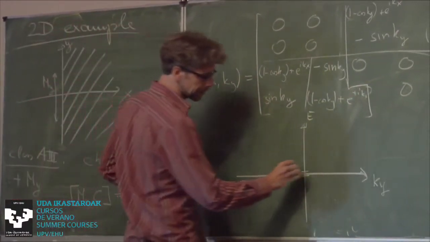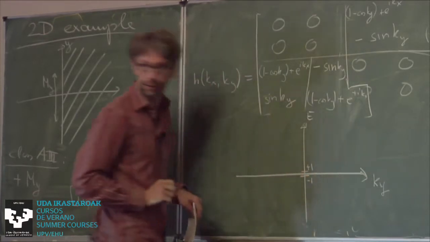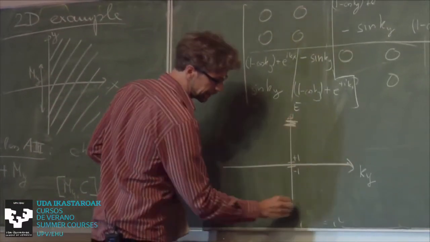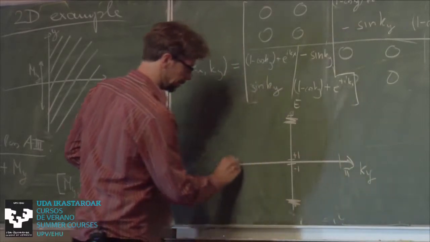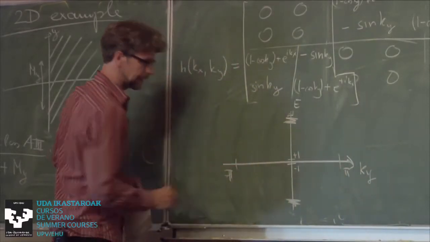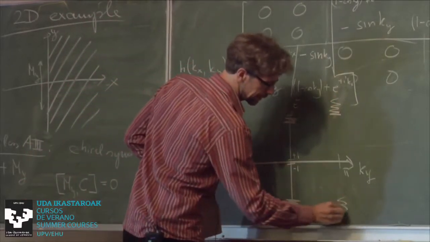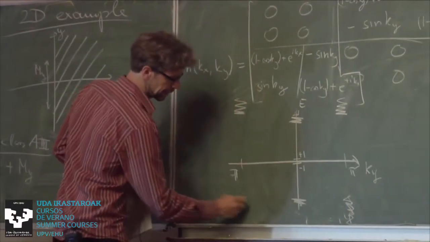But they'll have opposite mirror eigenvalue, right? One has mirror eigenvalue plus 1, the other has mirror eigenvalue minus 1. And otherwise, it's just an SSH model, so there will be bulk bands here and there. And then at ky equal to pi, or minus pi, I have a trivial system, so there are just bulk bands, but no boundary states.